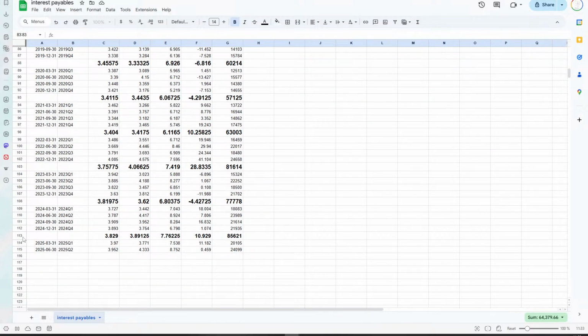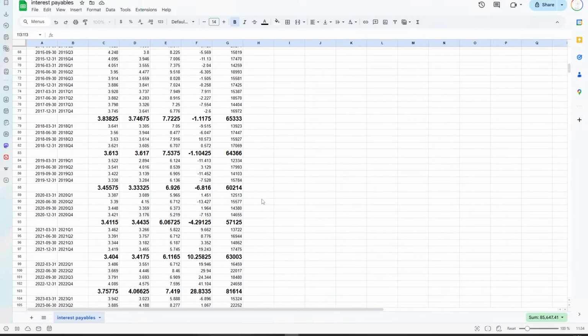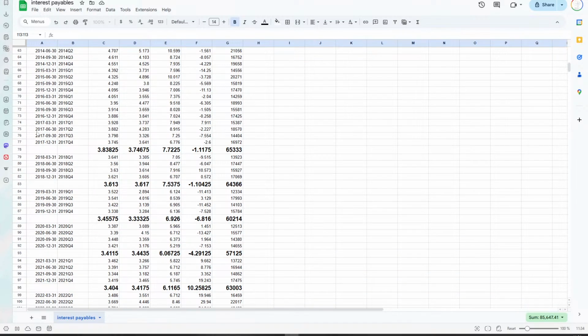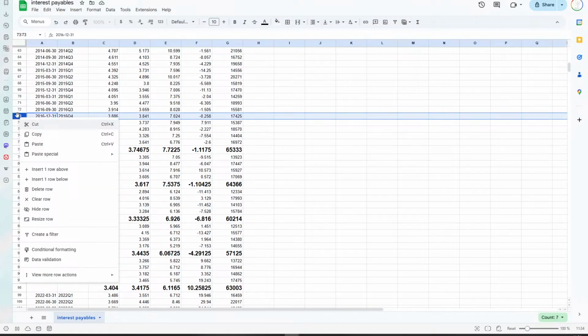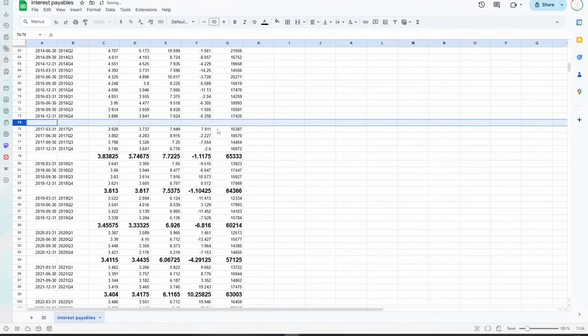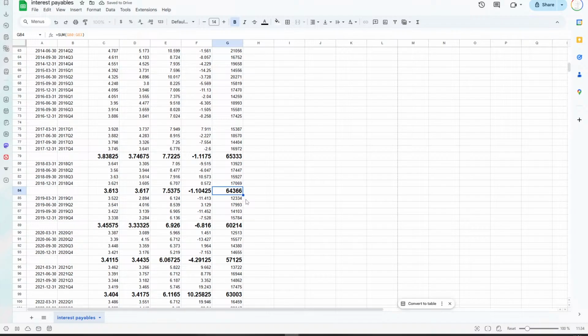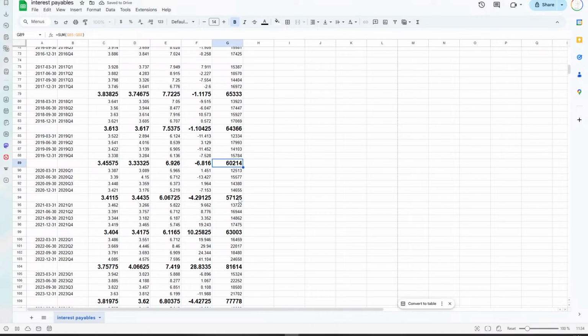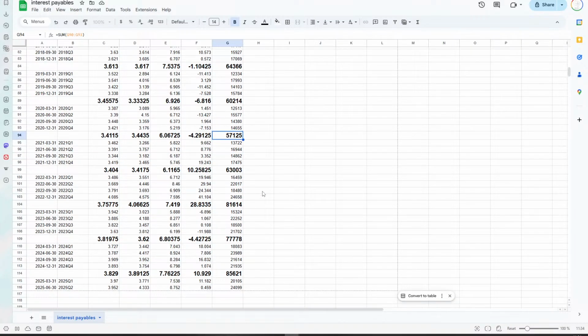Yeah, okay. Problem is, there is a problem. Houston, we got a problem. Problem is that as the stock of debt grows, the amount of interest payable has grown from 60 to 85 billion.